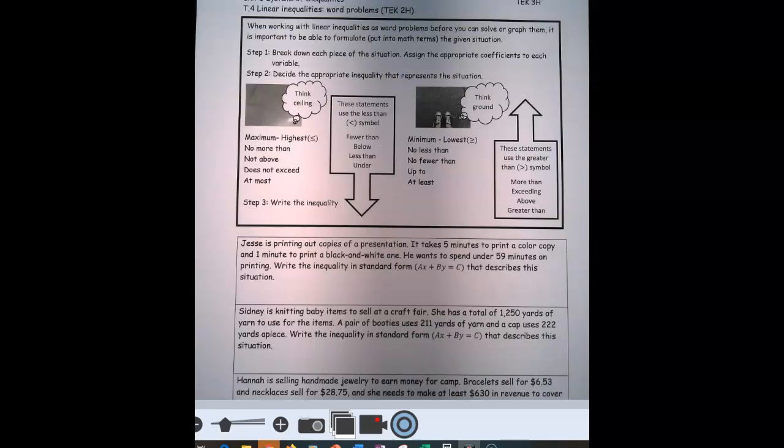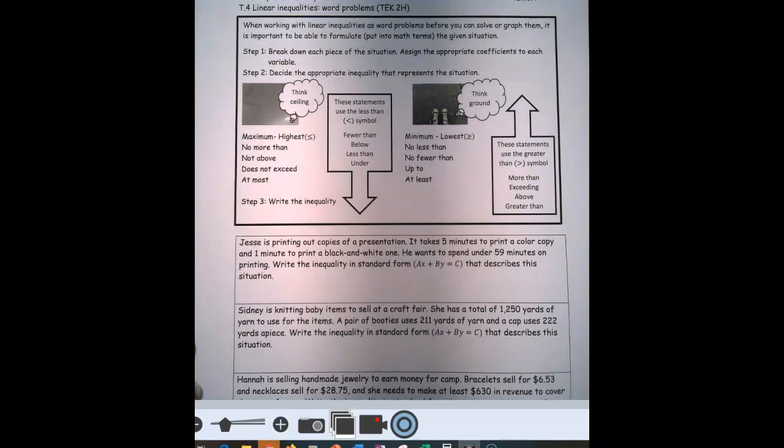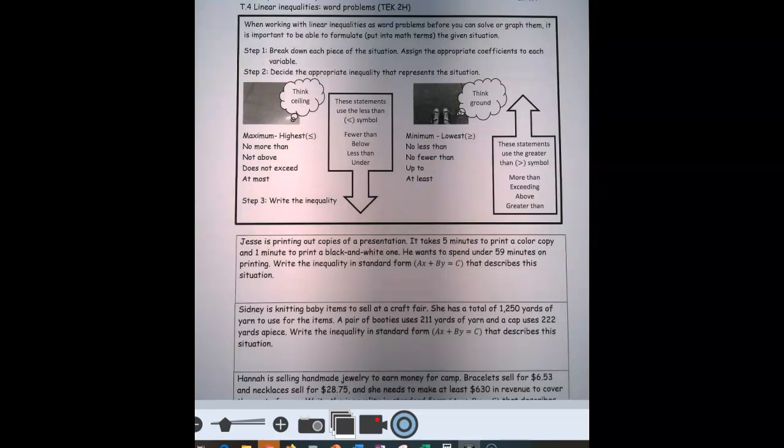These are the words that you might see when we're talking about maximum. Now, this is just a guide. You're really going to have to play the movie in your head of the words and use your experiences to make sure that what you're formulating is correct.